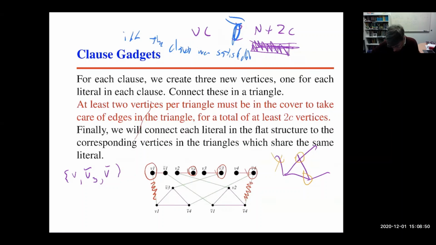That corresponded to a way of covering one of the 3 edges connecting the triangle, so that we could complete the cover by picking the other 2. And if we did this, we will have completely covered all the edges in 2 times the number of clauses plus n vertices. And there was no way to do it unless the thing was satisfiable.